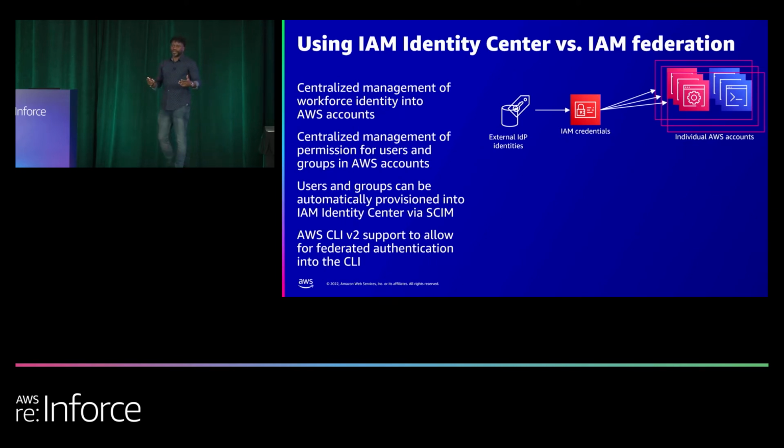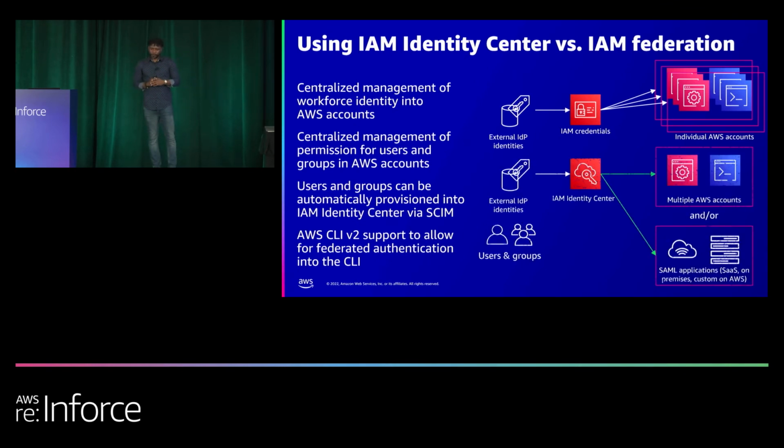So you don't need to create IAM users and define an access key and a secret key and have them sit forever and hope that your security team is actually rotating these credentials when they should. Through IAM Identity Center, you can simply grab those generated credentials that live for a very short period of time from the Identity Center portal and actually use those credentials for accessing the CLI, which is very, very powerful.